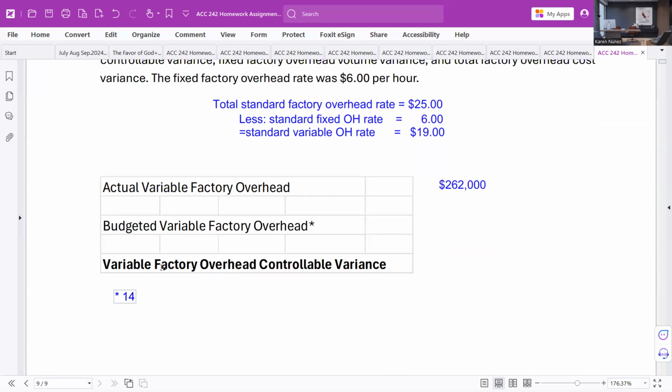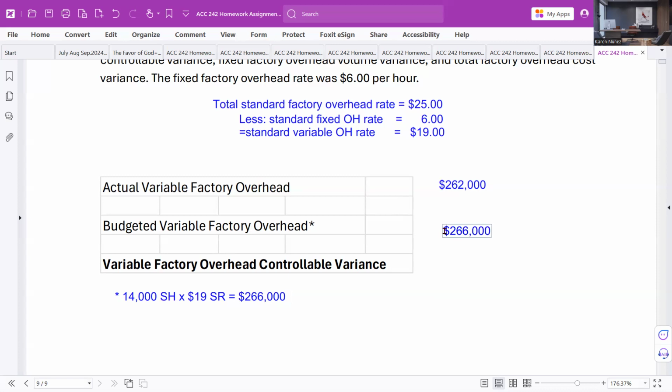So we got 14,000 standard hours. And we want to multiply times the standard rate of $19. And that's going to give us $266,000. That's the budget for the variable overhead. That's the budgeted variable overhead. $266,000.